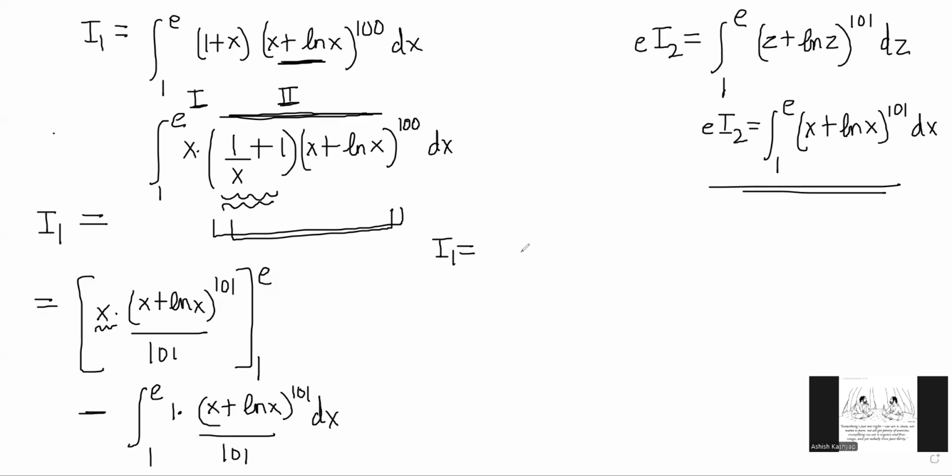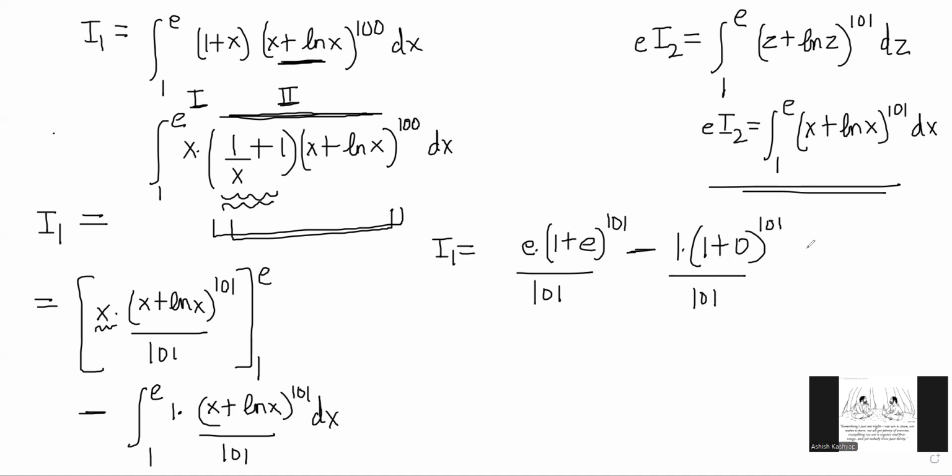I1 is coming out to be e into (e plus ln e, which is 1), so (1 plus e) to the power 101 by 101, minus, when you put 1, you get 1 into (1 plus 0) to the power 101 by 101. And from the subtraction, you have 1 by 101 integral 1 to e of (x plus ln x) to the power 101 dx, right? But this part is clearly I2, right?